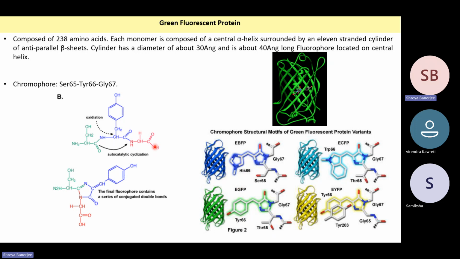Now, why that is higher, we don't need to go into that. You can just remember that this trio of amino acids, serine, tyrosine, glycine, leads to very nice green color fluorescence. And if you mutate the serine to a threonine, the fluorescence intensity is enhanced. So green fluorescent protein, GFP, becomes EGFP, that is enhanced green fluorescent protein.